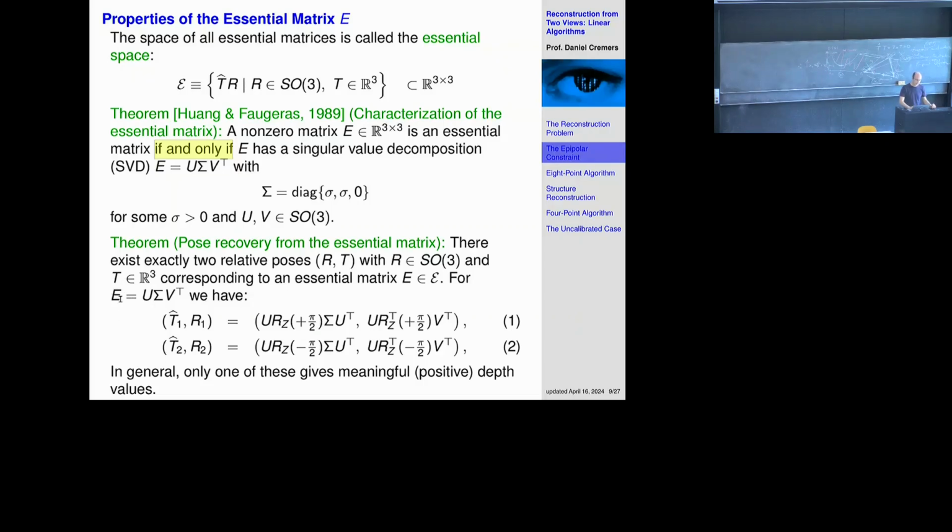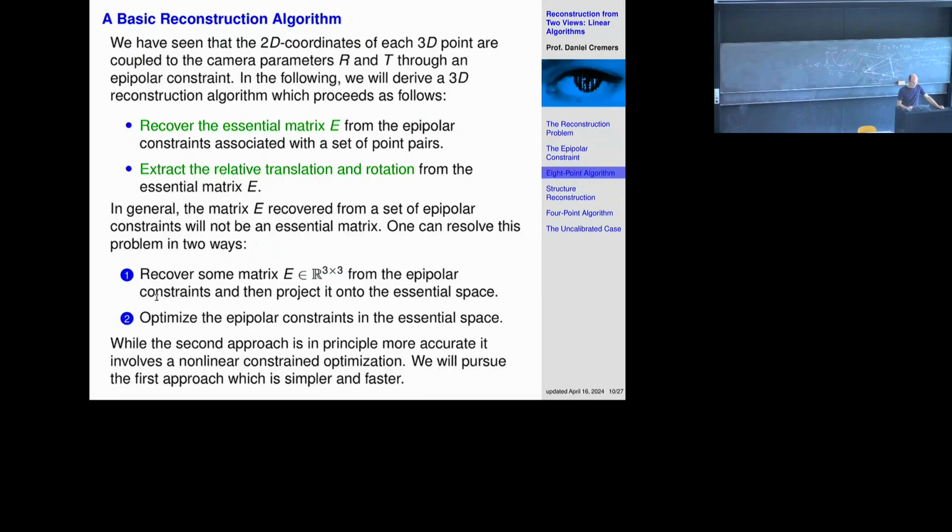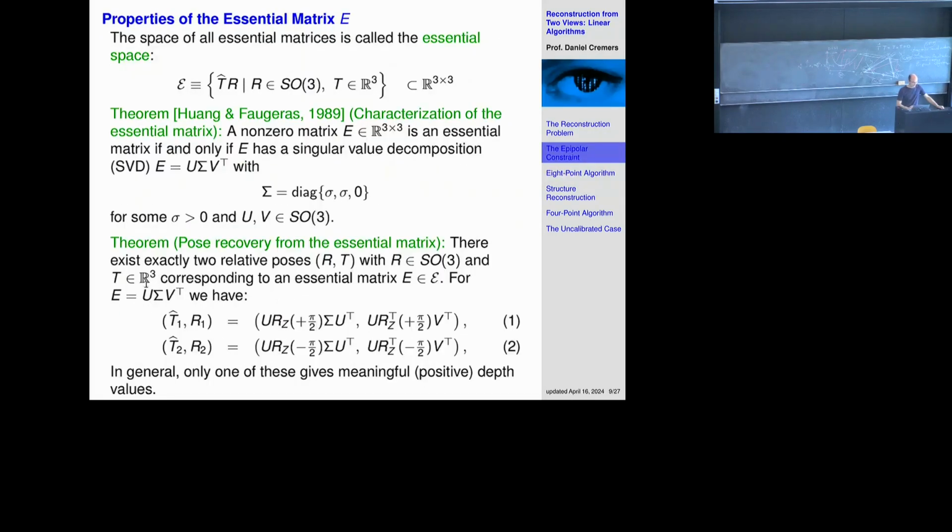You take the essential matrix and compute the singular value decomposition. So you see here, this SVD actually comes in handy. As you remember, you get these matrices U and V, and the diagonal matrix sigma that has these two singular values, and the third one being zero. What you do then is a little bit complicated.